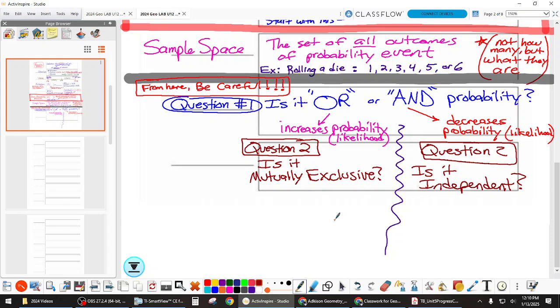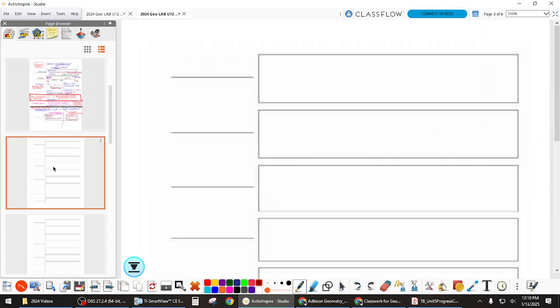All right, let's talk about what mutually exclusive means. So, kind of keep this organized under the heading for or probability.